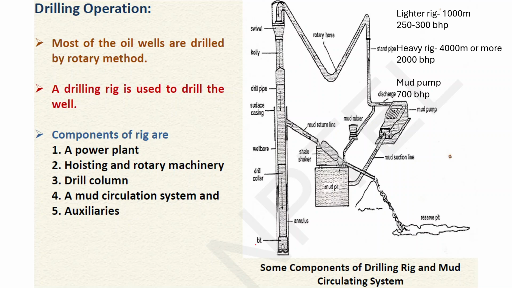The drilling operation takes place in a rotary method, and a drilling rig is used to drill the well. The basic components of a drilling rig are, first, a power plant, which is obviously required for the rotary method to work. A motor is required, so for the rotation, a power plant is a requirement.